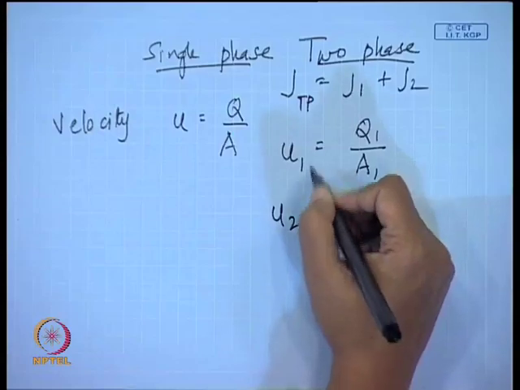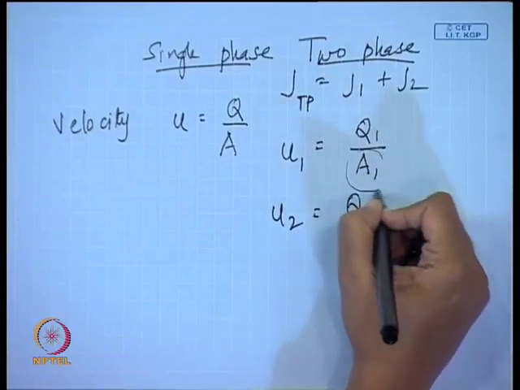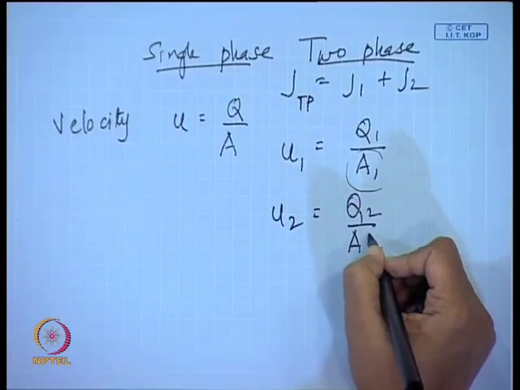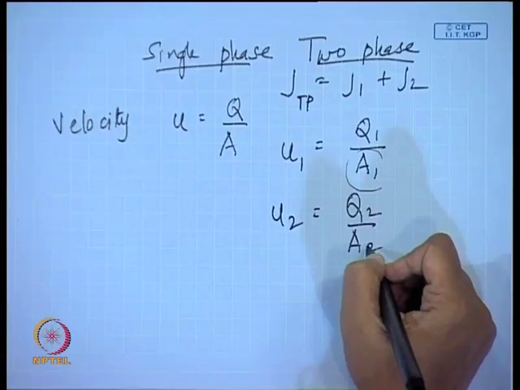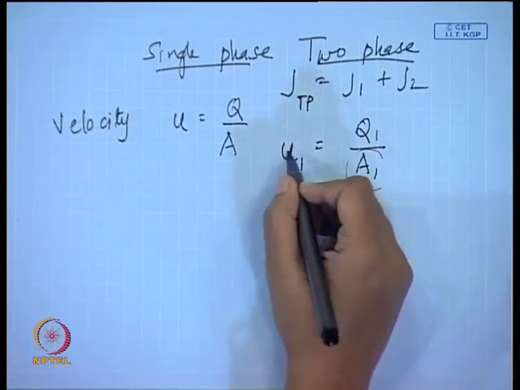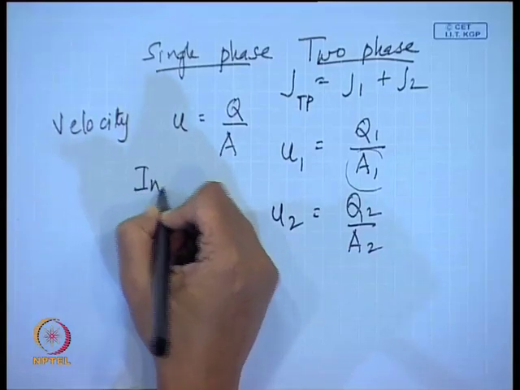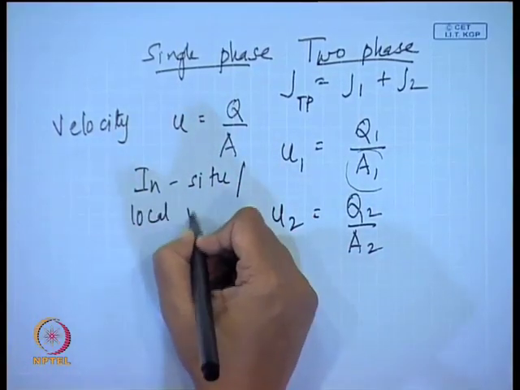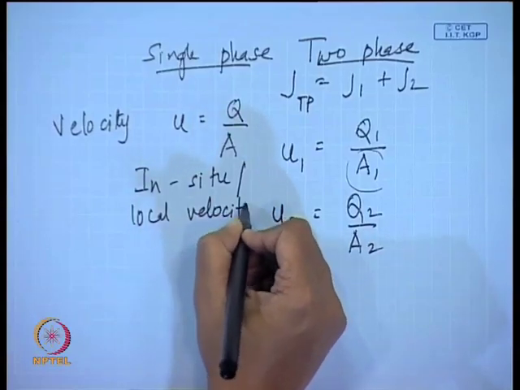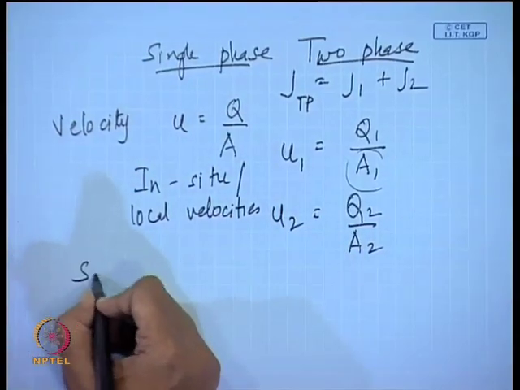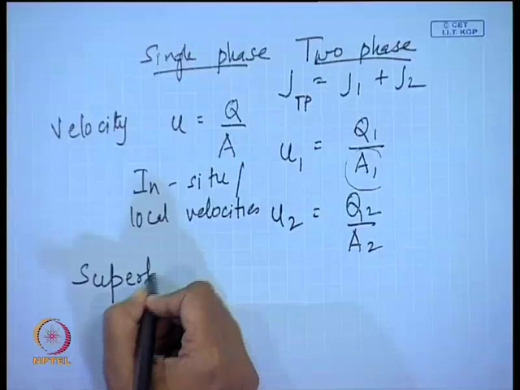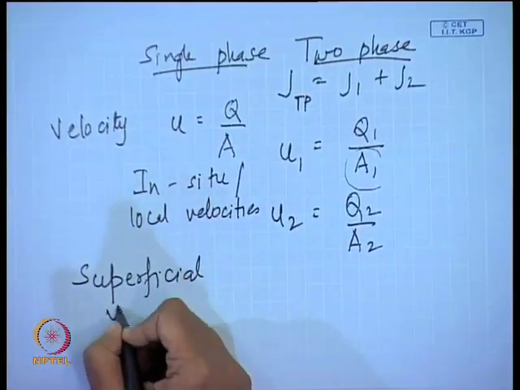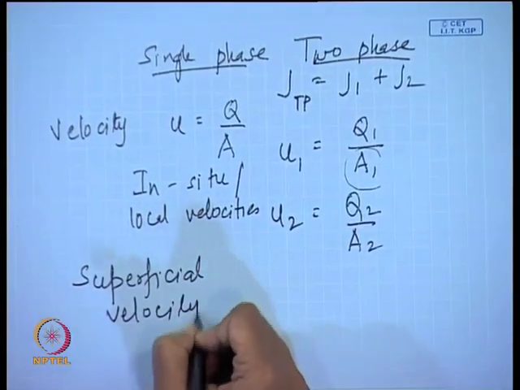the velocities which happen inside the pipe depending upon how much of the area has been occupied, we also have two other definitions of velocities. These local velocities are known as the in situ velocities. Apart from this, we define something known as the superficial velocity, which again is a measurable parameter.